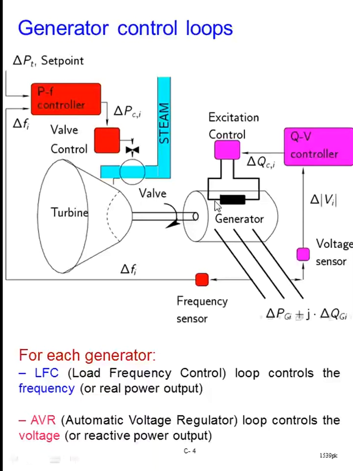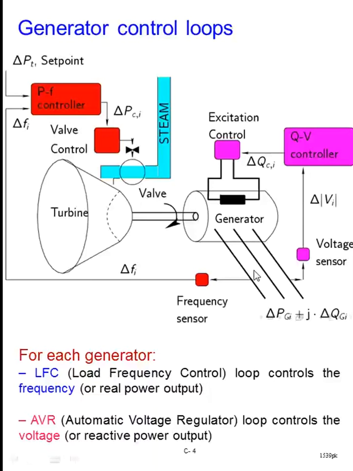So for each generator, we have the load frequency control part, or the frequency control part, in fact, and then another part is your AVR section. So that is your automatic voltage regulator, which will control the voltage or the reactive power output from the generator.